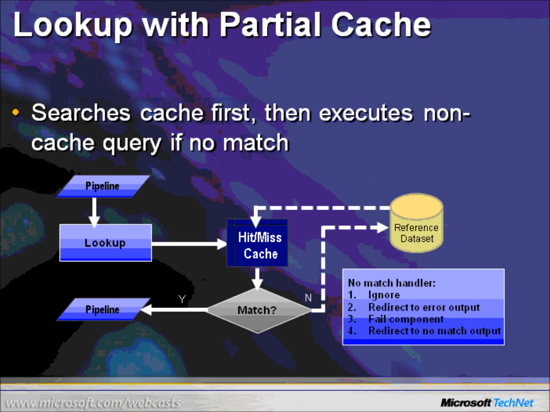So performance is going to improve over a lookup with no cache because a row that was missed earlier does not generate a new singleton query to the reference data set. Matched rows are always cached up to the specified memory threshold, and if the non-matched rows are not configured for caching, then the no-match handler is invoked.